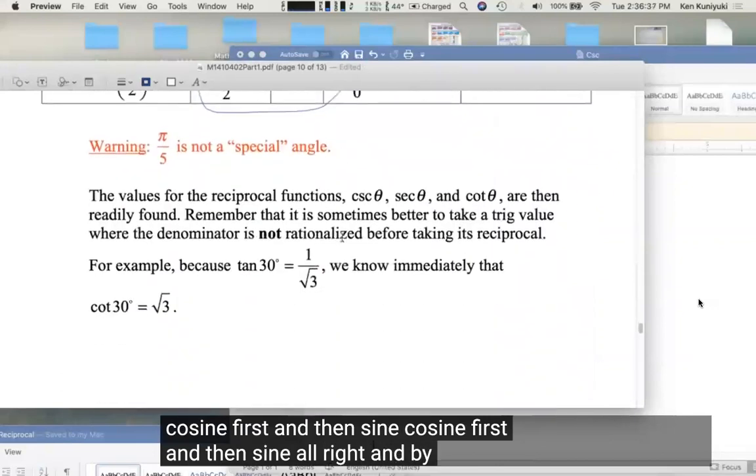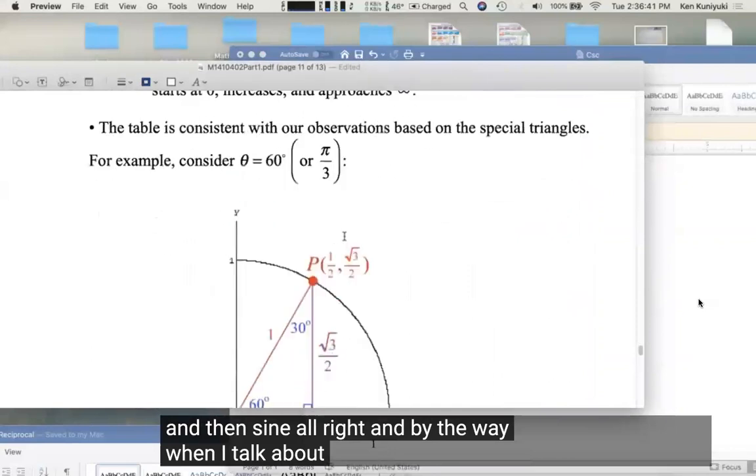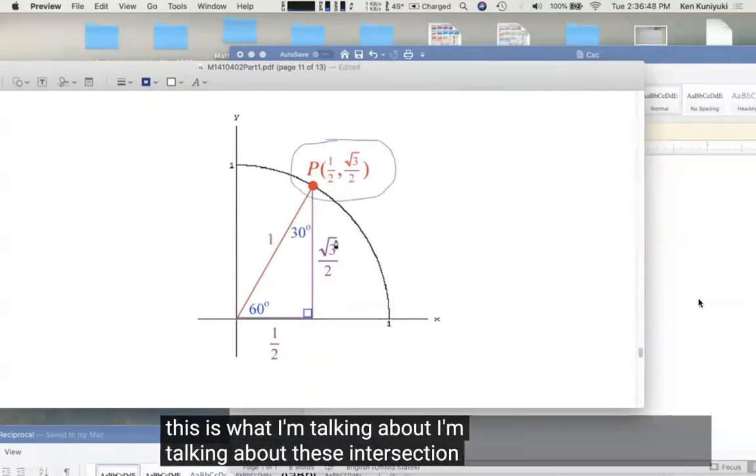All right. And by the way, when I talk about this unit circle here, I'm talking about these intersection points.